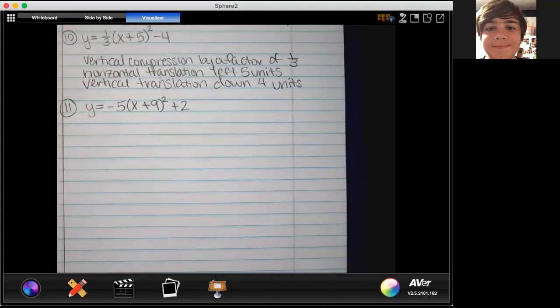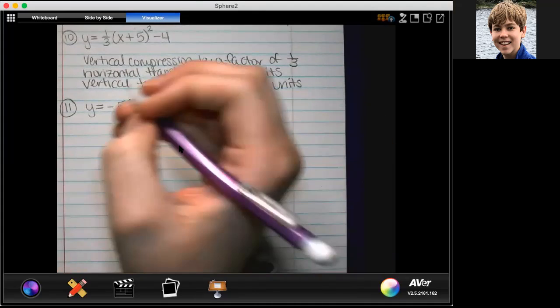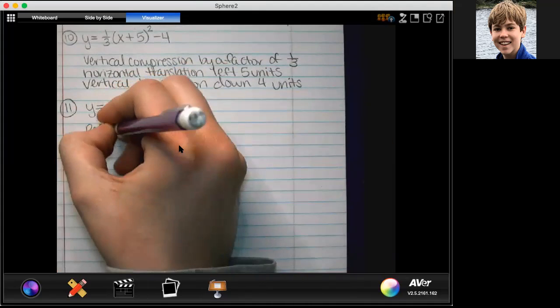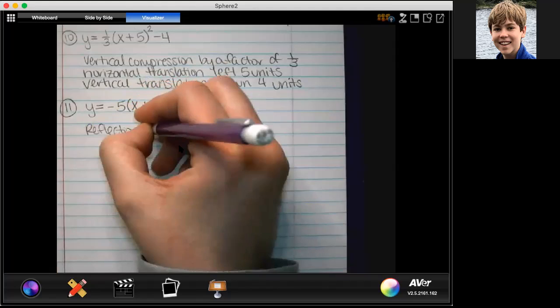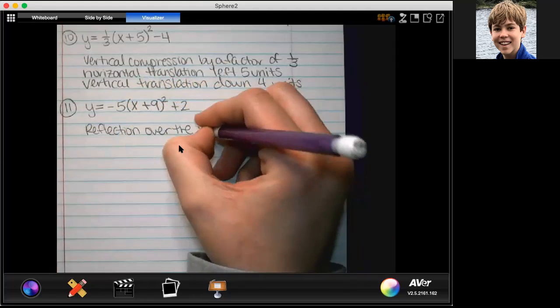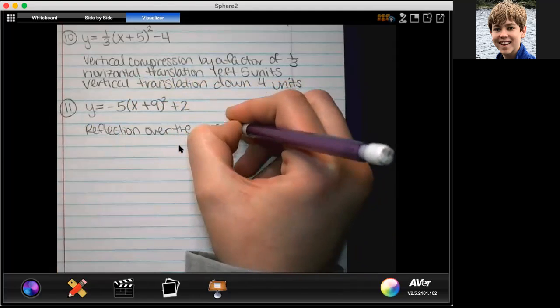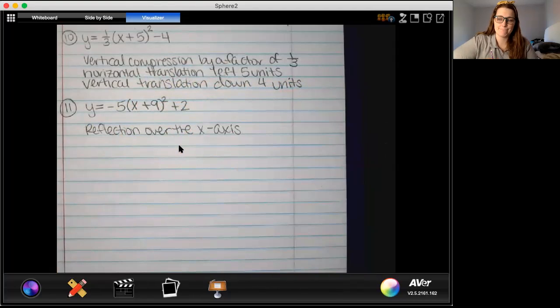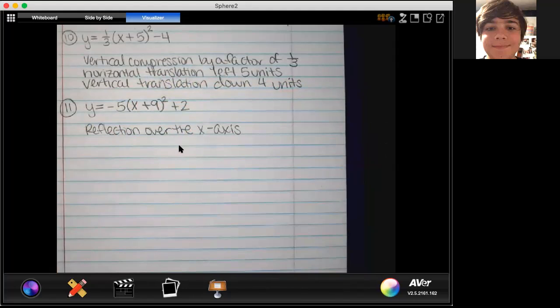Reflection over the x-axis. There's a reflection over the x-axis, good. That's one of them. Horizontal translation left 9 units.